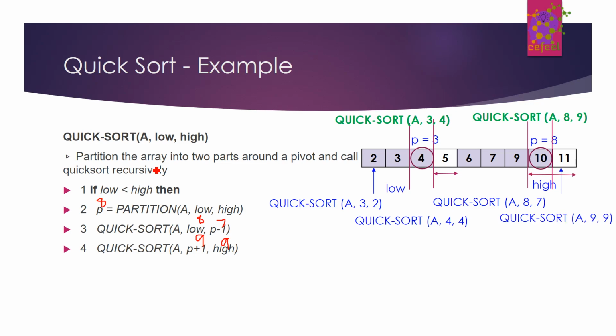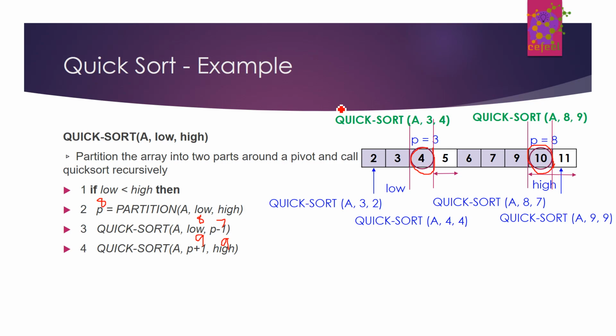Awesome. And notice what happened, the element at the position p was sorted. So 4 and 10 were in sorted position. As such, we now have 3, 4, 6, 7, 8, 9, about 7 elements in their sorted position after so many calls to quicksort.